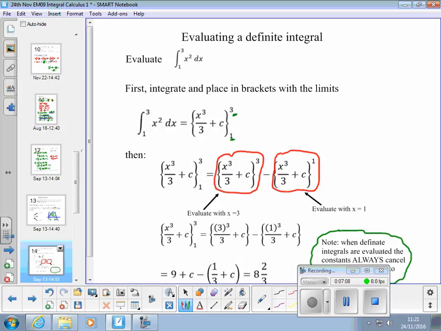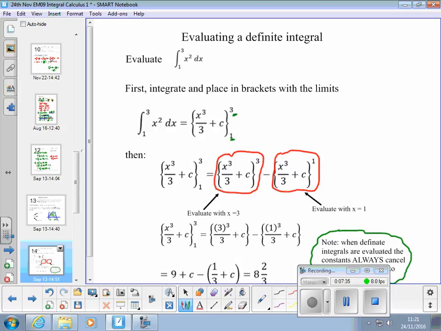Then we can say the value of that between 1 and 3 is equal to its value when x is 3, take away its value when x is 1. Yeah? Okay, so what you then look at is putting in x equals 3.